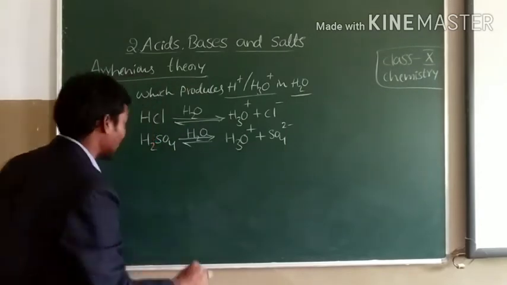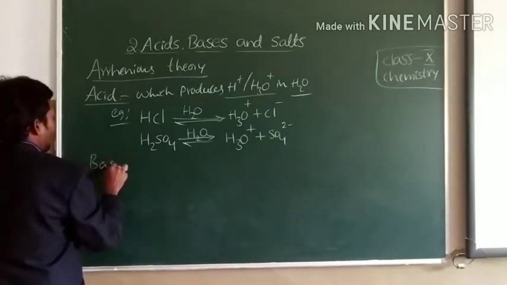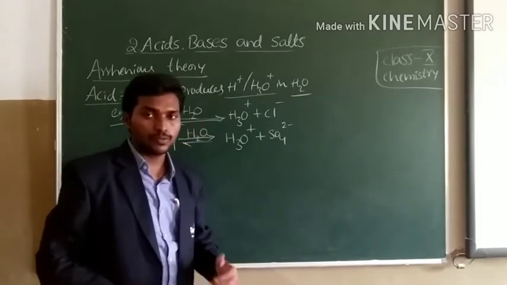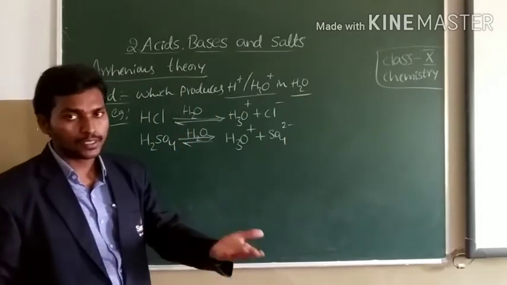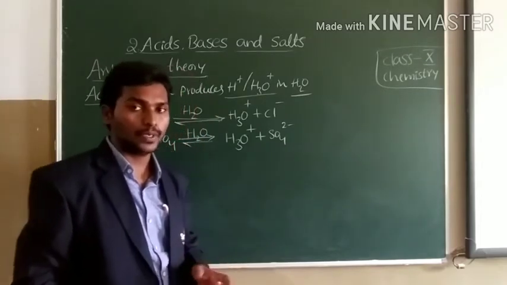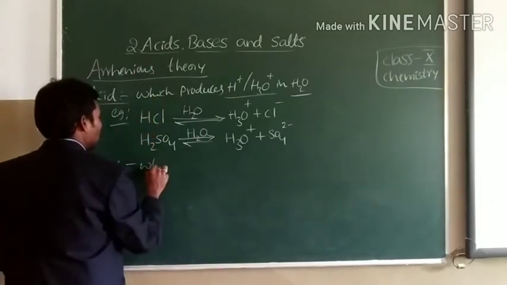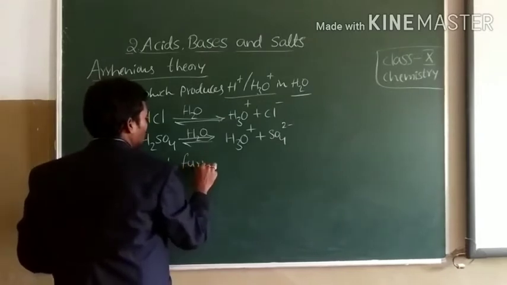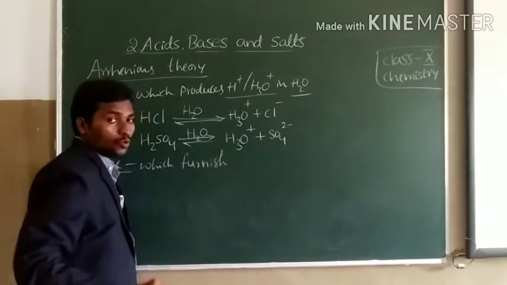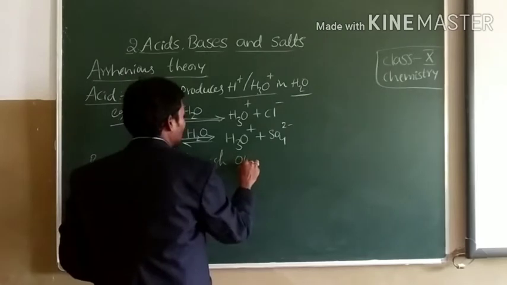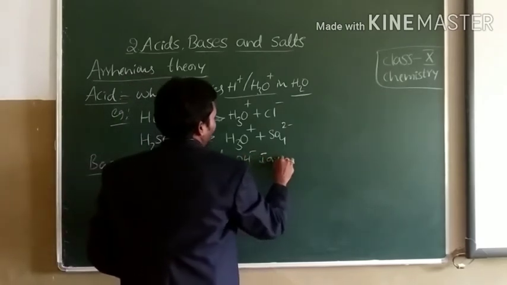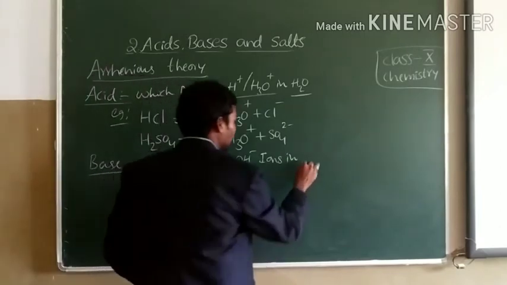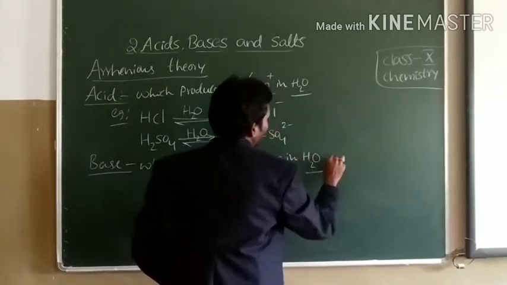Next, base. Bases are the substances which furnish OH minus ions in aqueous solution. The substances which produce or release OH minus ions, that means hydroxide ions, in aqueous medium, that is water, are called bases.